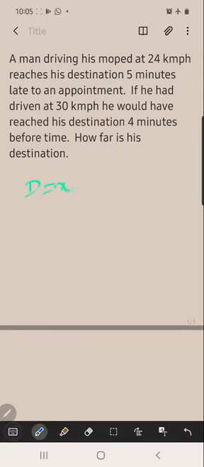Distance is x, because here distance we are going to find. In the first case distance is x, then what is the speed in the first case? Speed is 24 kilometers per hour. And what is time now? Distance by speed, that is x by 24 hours.